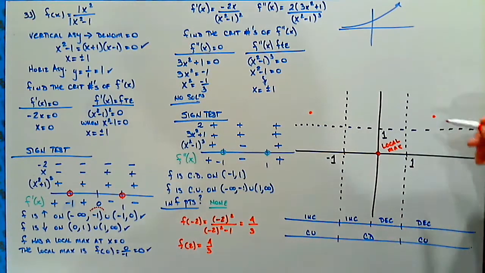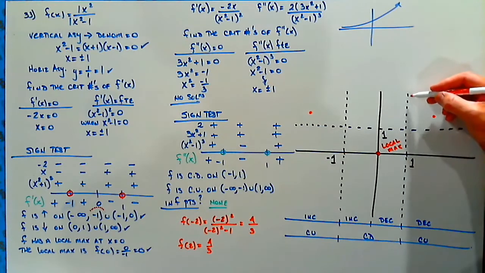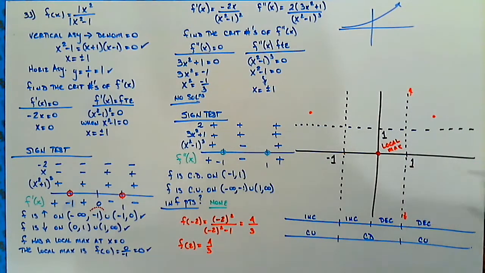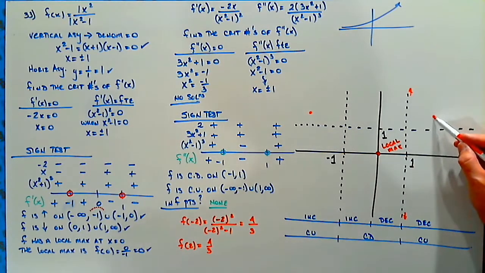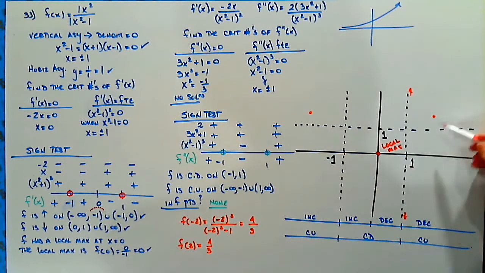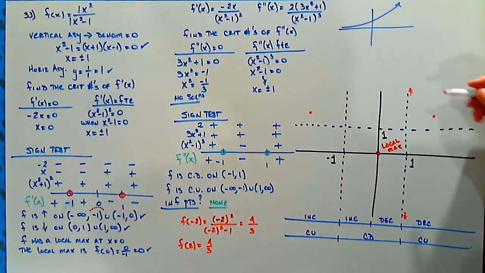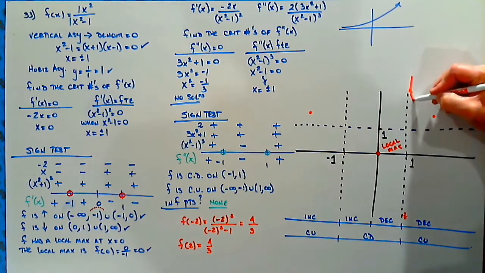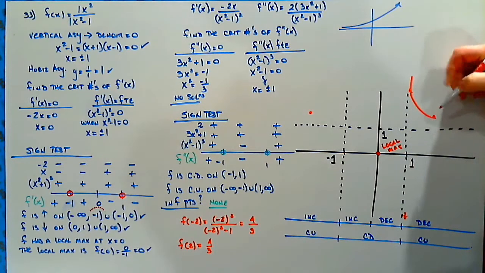Our graph in this region right here needs to be decreasing. This is a vertical asymptote. Our function either goes up there or it goes down here. Those are the only two choices. If I were to leave this dot and travel this direction, that function would not be decreasing. As I move to the right, that function would be going up. That means the only choice I have is a function that goes like this.